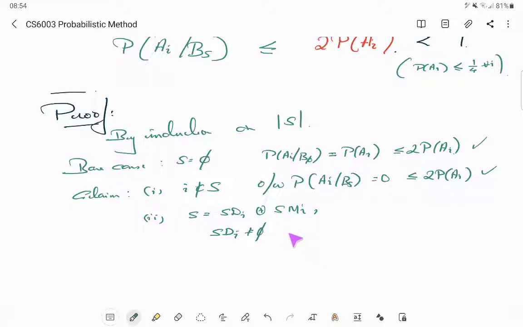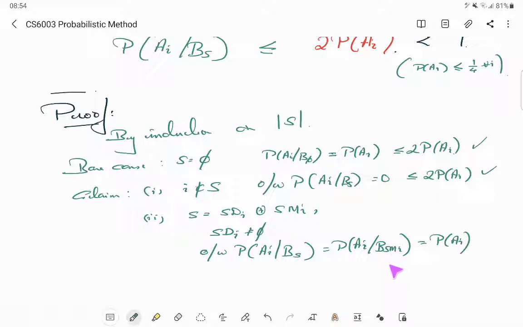Why? Because otherwise P of AI given BS is equal to P of AI given BSMI, since AI is independent of all the events in SMI, and this is just P of AI, which is less than or equal to twice P of AI.